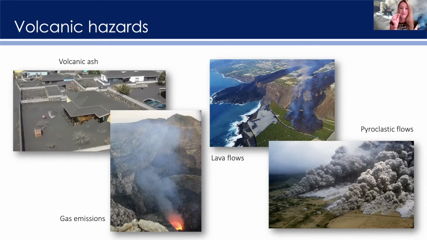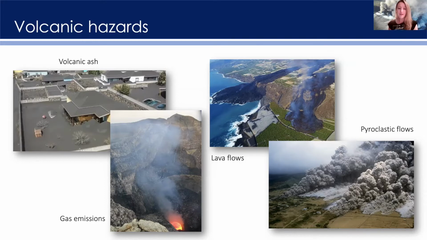These are very tiny particles. They're essentially glass fragments. If you look at them under a microscope, they're very sharp, very abrasive, and close to the source of the volcano, they can also bury homes and cars up to thicknesses of several meters. These pose a respiratory hazard as well for local communities, so it's important that they protect themselves with proper respiratory protection.